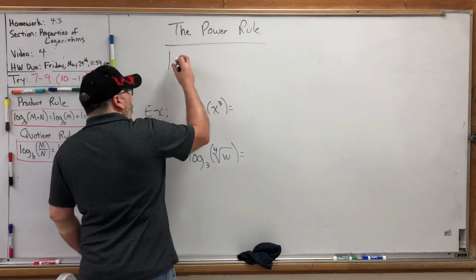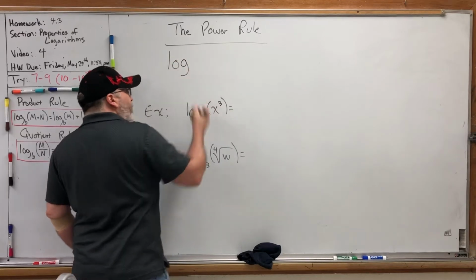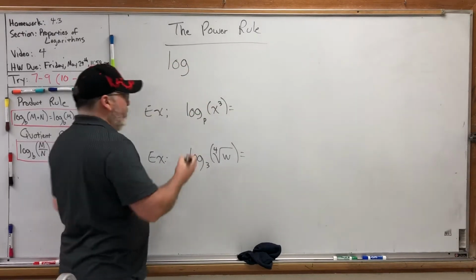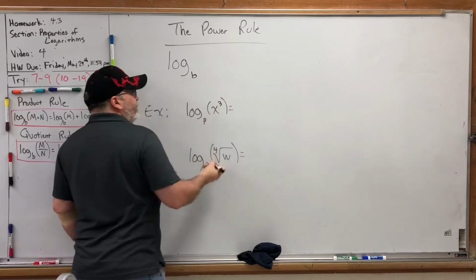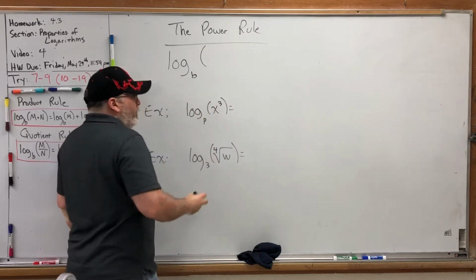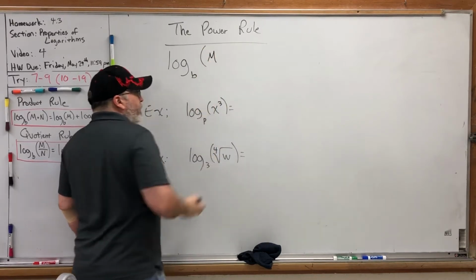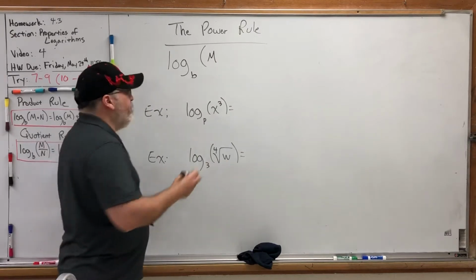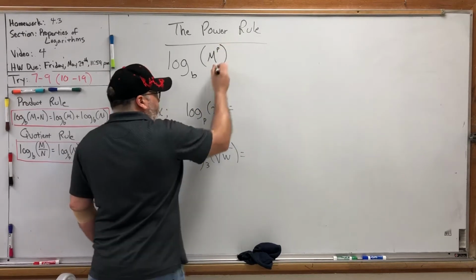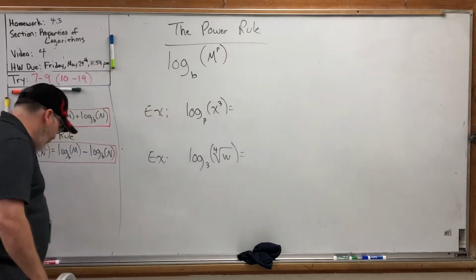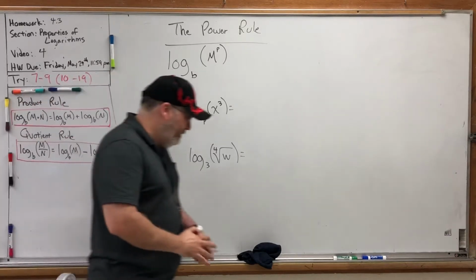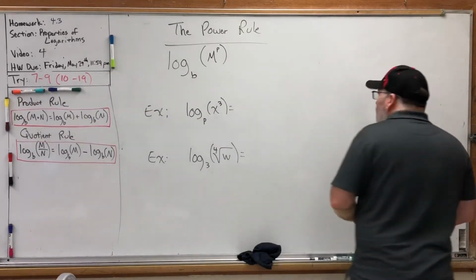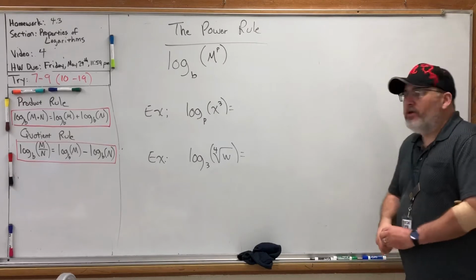The power rule is a rule for what you can do for any logarithm with any permissible base b, whose argument, which we'll call m, has a power on it. Let's put a p on it for power. Now, you might be thinking, we've seen a property like this already. In fact, you wrote it on the first video.